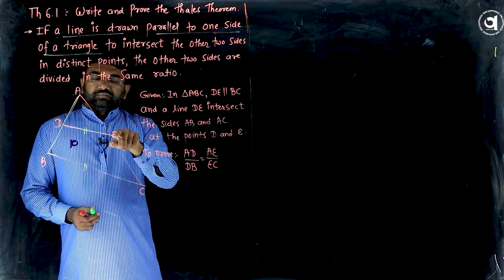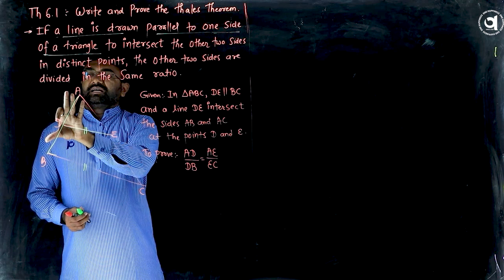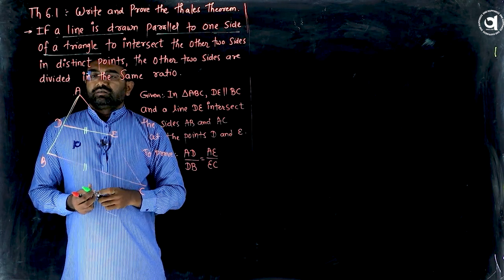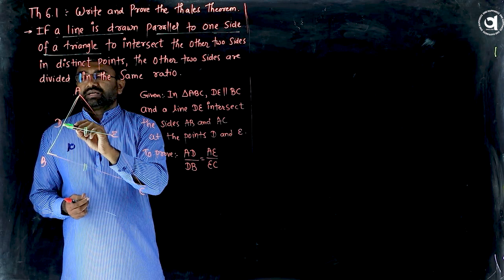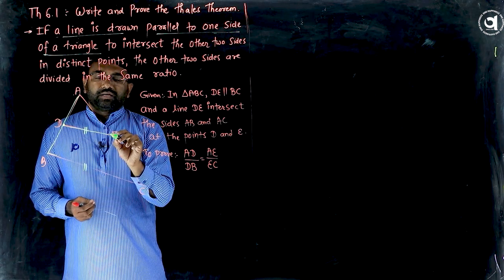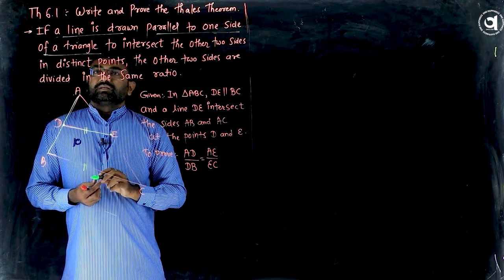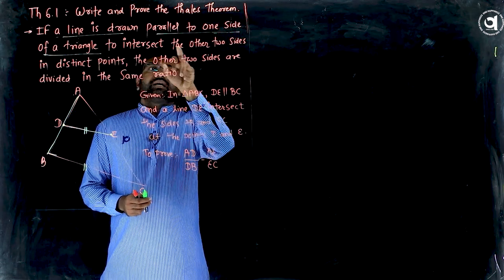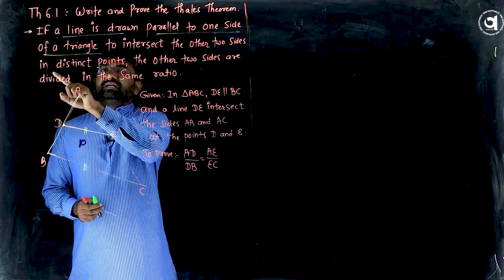And this line intersects the two sides of triangle ABC, AB and AC, at the D point and at the E point. So the statement has to be written that way: to intersect the other two sides in distinct points.